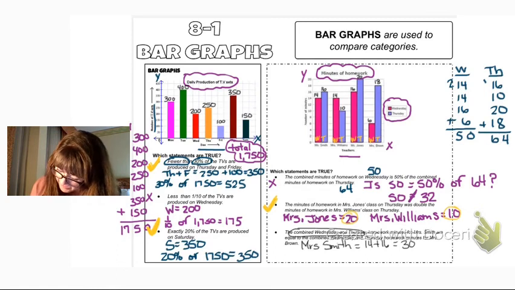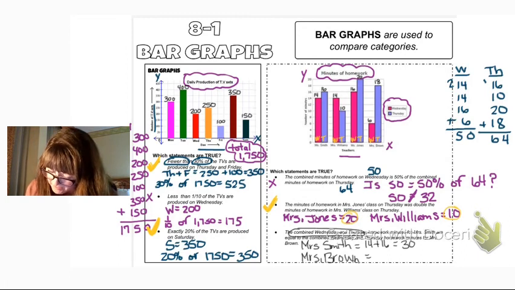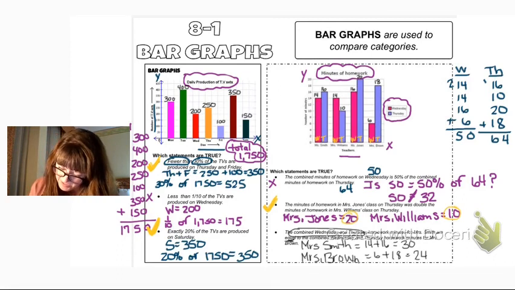And then I want to look at Miss Brown and get her combined Wednesday and Thursday. So for Miss Brown, that was 6 plus 18, which is 24. And it says these were equal. Well, 30 does not equal 24. So this statement is not true.